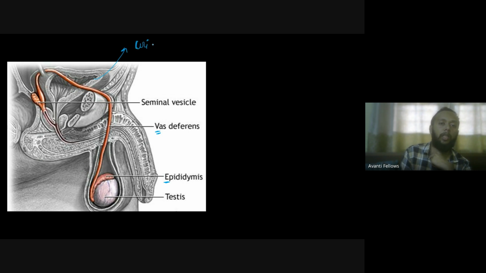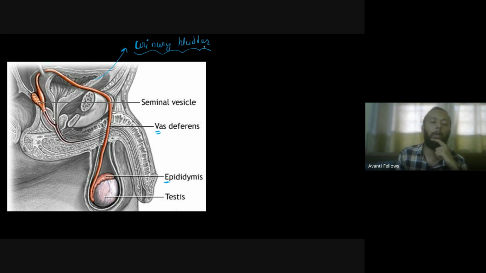It goes around the whole urinary bladder, making a complete round, like covering up the complete urinary bladder, and then it will come over here. So it is the structure in which the male gametes are going to travel, right?